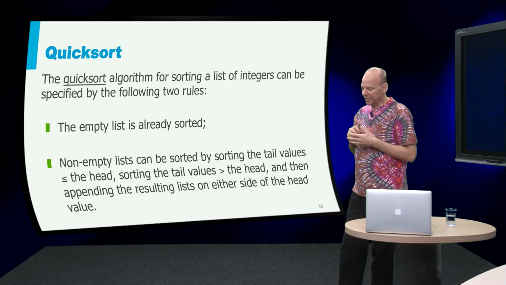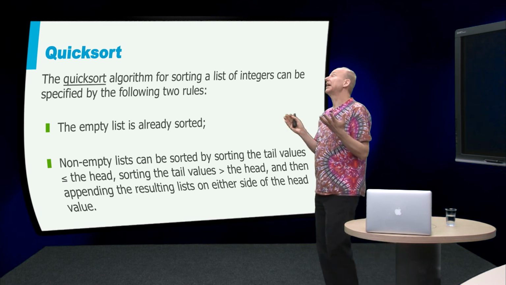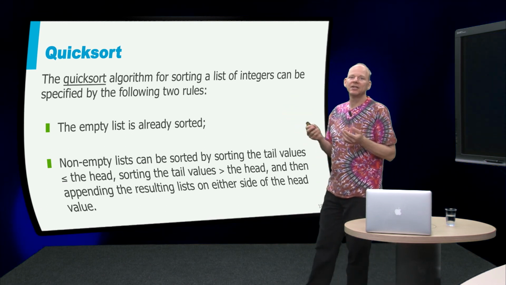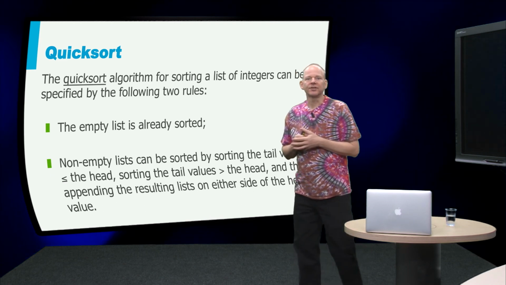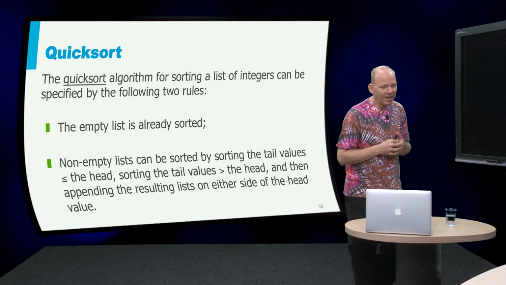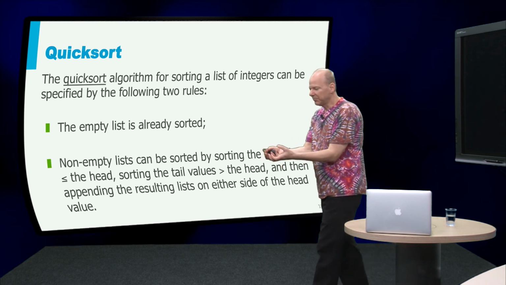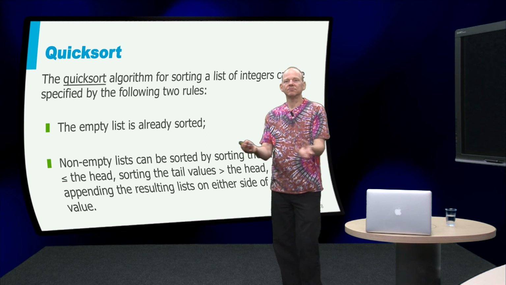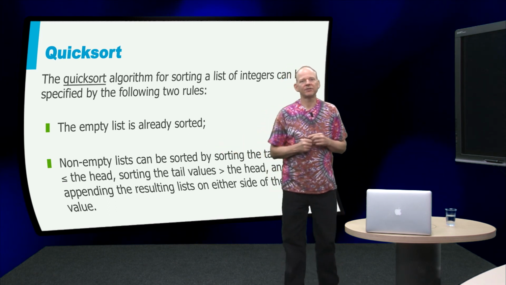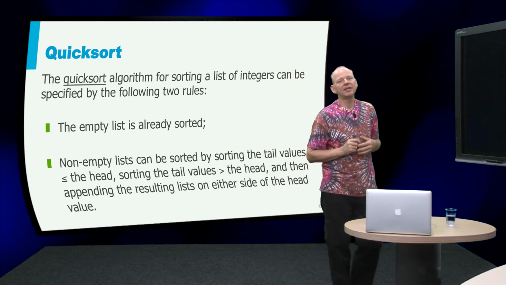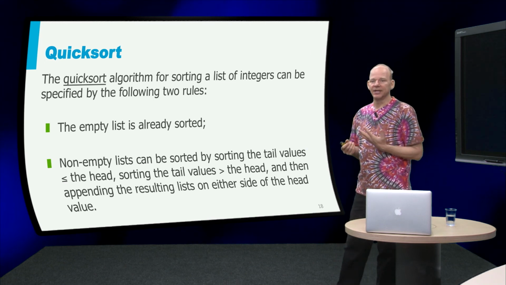And if we think about that for a little bit, we can say, if I have the empty list, it's already sorted. And now how do we recurse, how do we break up that list into two parts that we can recursively sort and then easily combine the results to get a sorted list?